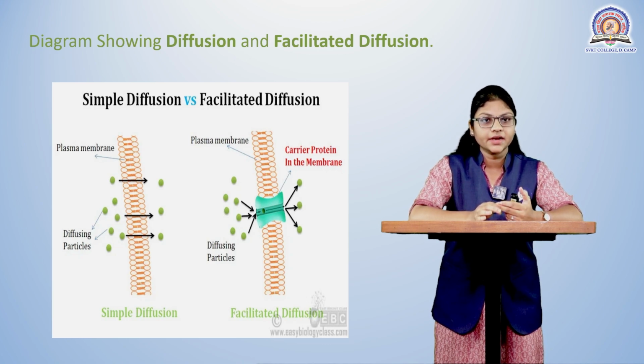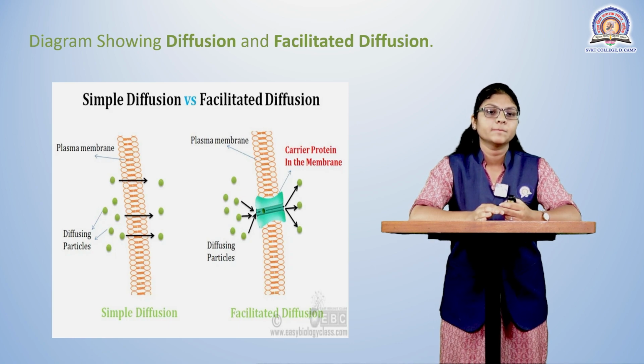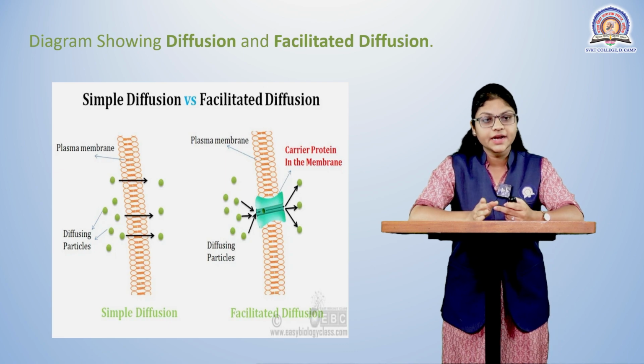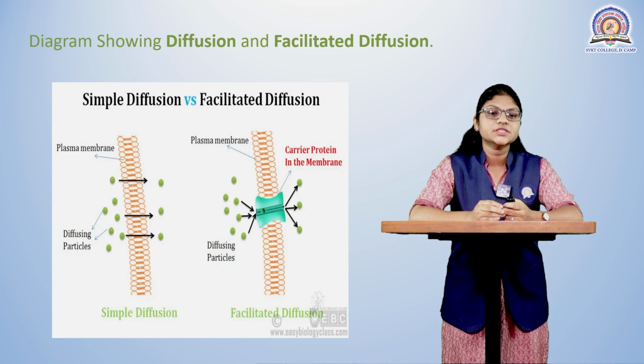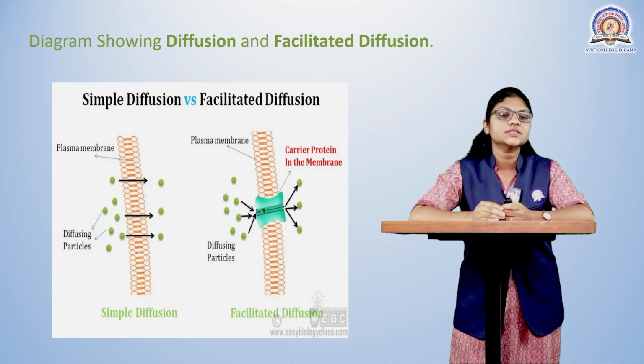This diagram shows the difference between simple diffusion and facilitated diffusion. We can see that in simple diffusion, the diffusing particle is easily transferred from one side to another, that means it is easily transported through the plasma membrane from its high concentration to its low concentration.